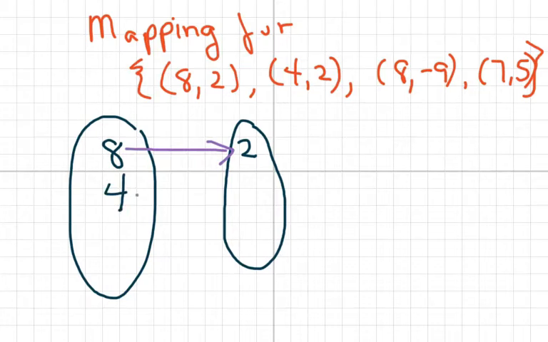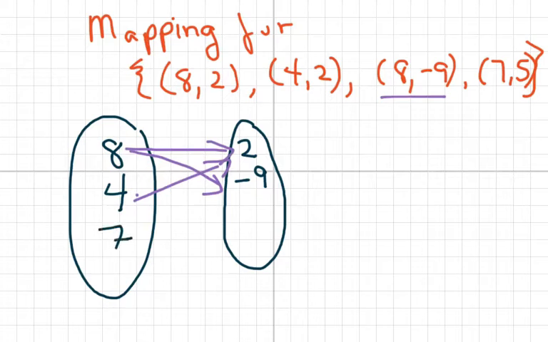So I don't write 2 again, I just draw the arrow this way. Okay, I already have 8 written down, and I have a negative 9 here. So I'm going to draw an arrow from 8 to negative 9, and then we have 7 getting mapped to 5. I always like to say getting married to 5. They both start with M, married and mapping.